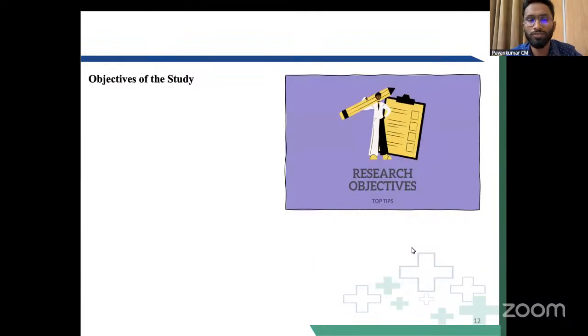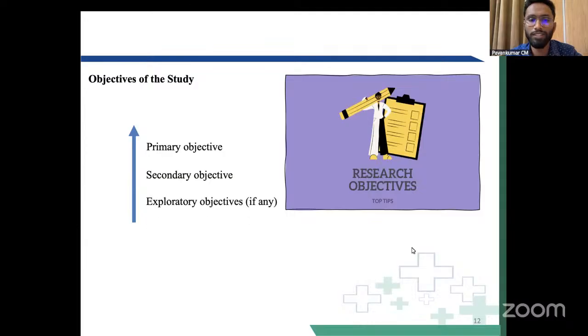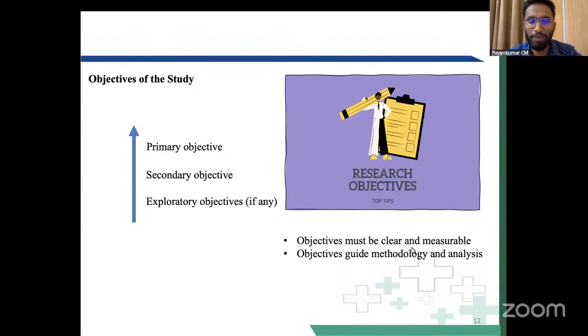So the objectives of the study are a primary objective and a secondary objective, and the primary objective will be completely related to your main title, and the secondary objective will be exploring additional outcomes related to the primary objective.